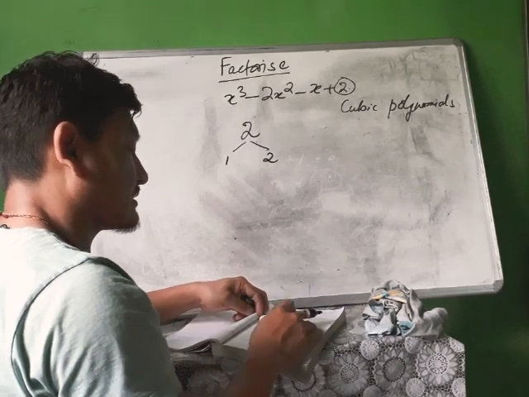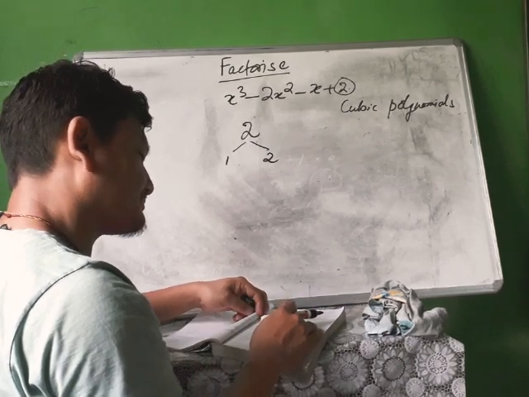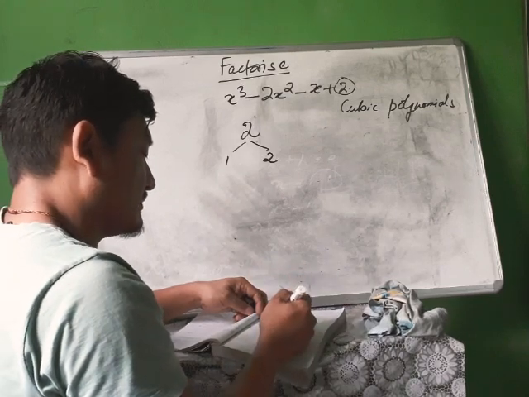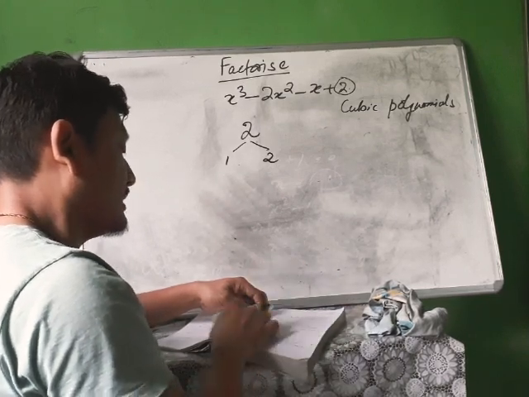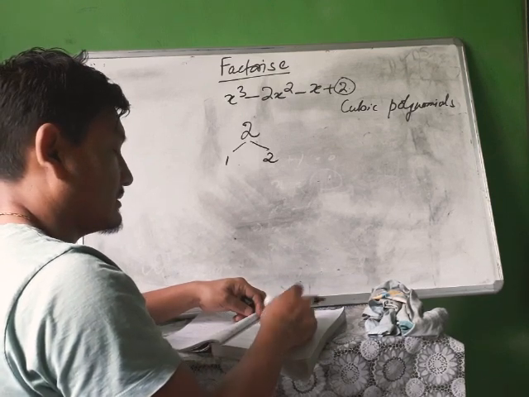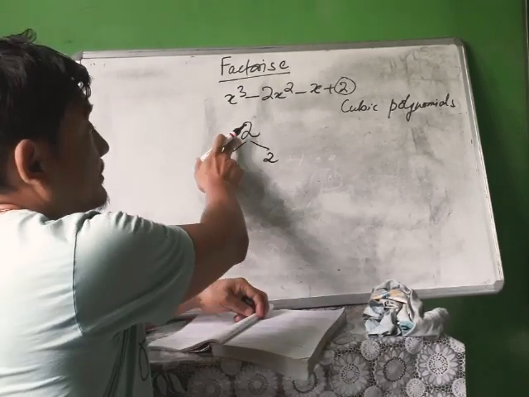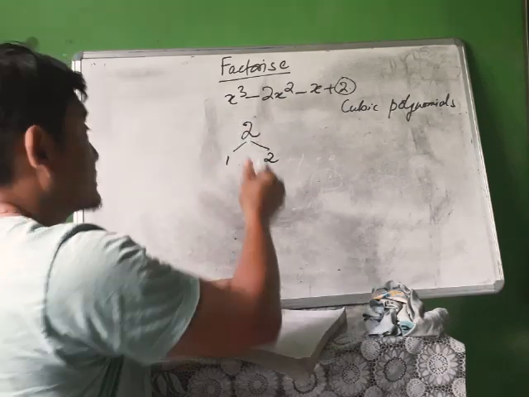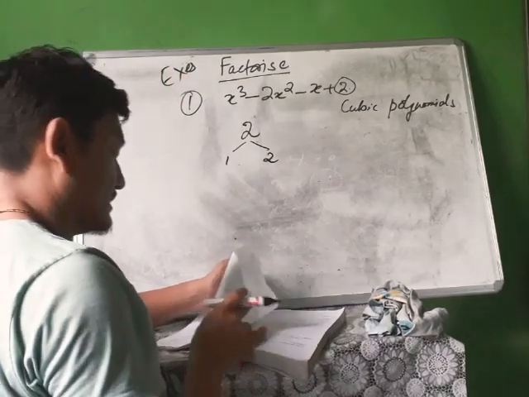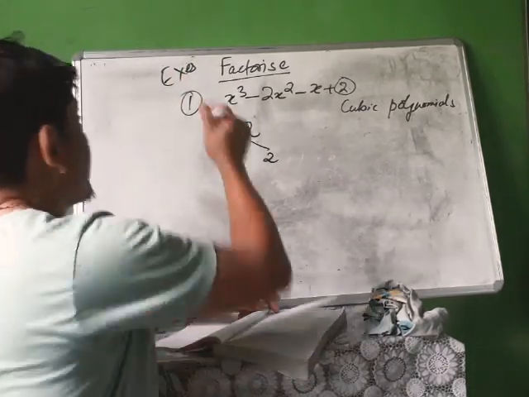These are all factors of 120. 1 and 120 itself are factors of 120. This 120 is quite a big number compared to the number you have in this question. This is question number 1 for exercise 2.4.